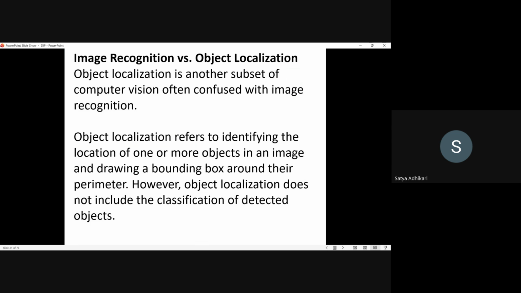However, object localization does not include the classification of detected objects. It only identifies the location and draws the boundary box around their perimeter, but it does not include any classification.